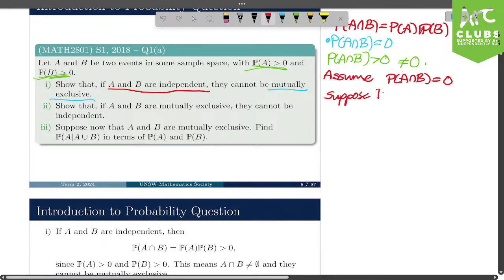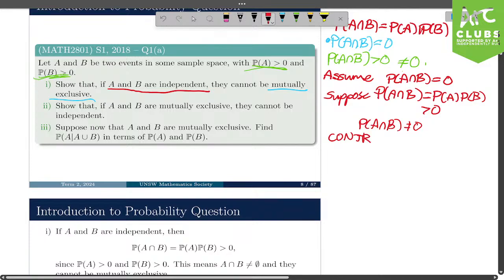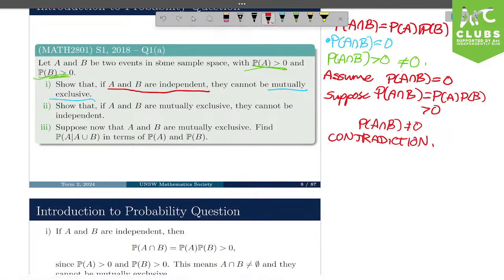Then the probability of A intersect B is going to equal the probability of A times the probability of B. But we know that that's greater than 0, so that would imply that the probability of A intersect B is non-zero, which of course we know is not true, so we have a contradiction. Right, so therefore, if A and B are mutually exclusive, they cannot be independent.